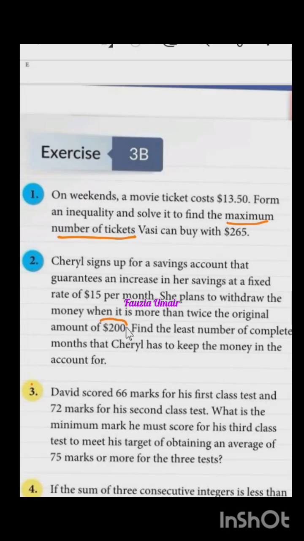So this is the data: $200 is the original amount in the bank account, and the interest is $15 per month. Now she wants to take out that money when the total money would be doubled.